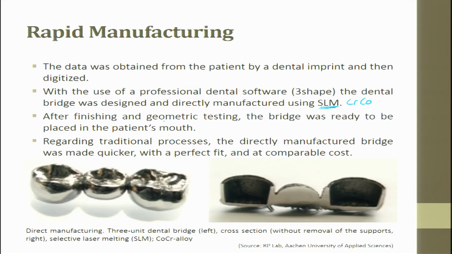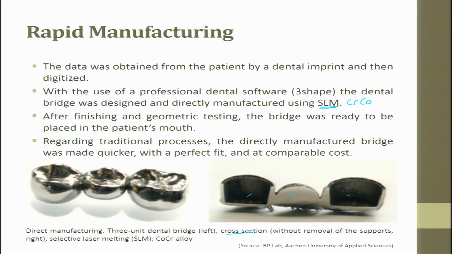After finishing and geometric testing, the bridge was ready to be placed in the patient's mouth. So, this is a direct manufacturing 3-unit dental bridge, and when we try to take the cross section without removal of the supports, from the selective laser melting, we see this one.